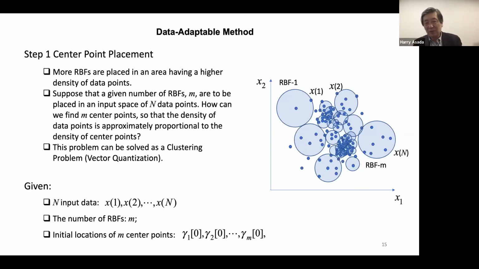So you need to provide the initial location of the M center points. Let me denote it as round 0: we provide round 0 distributions of the first center point gamma 1 to the Mth center point gamma M, given this.